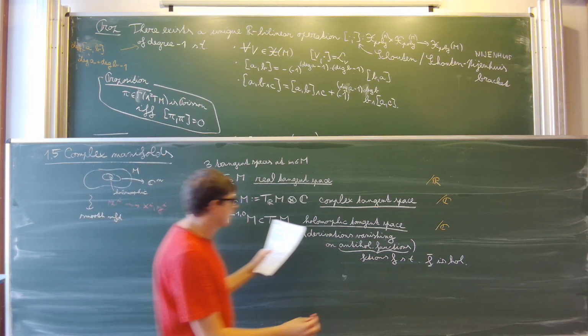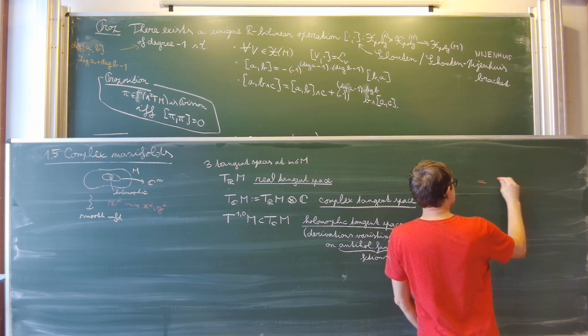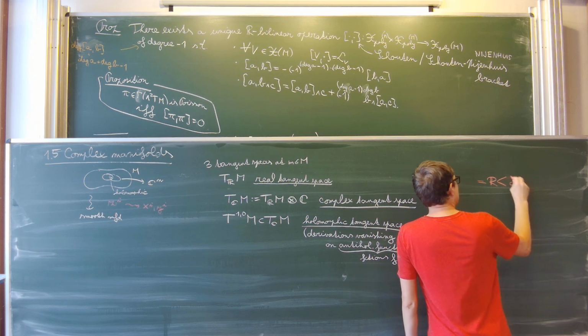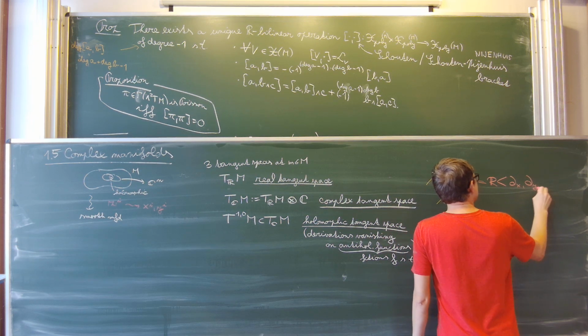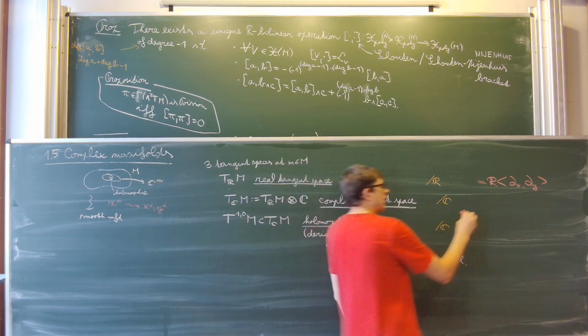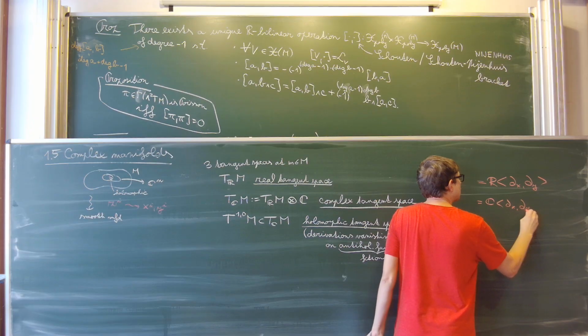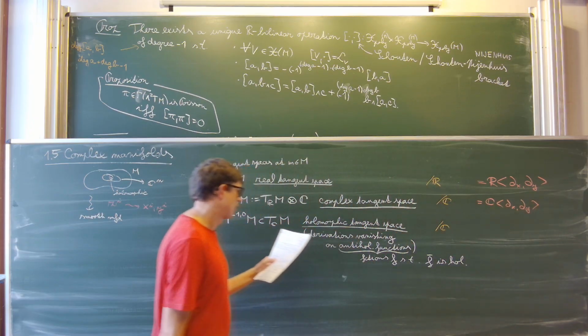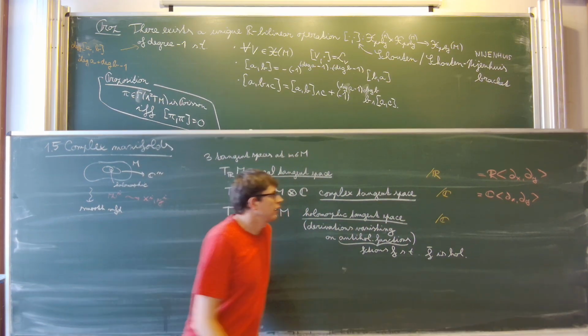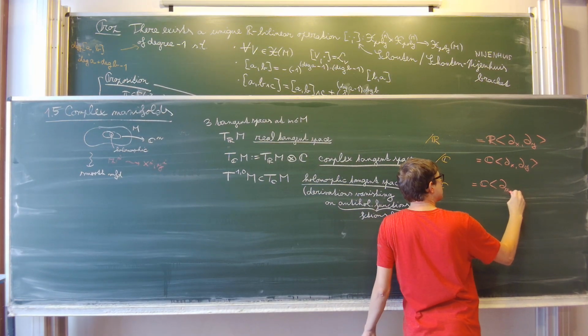Now, writing these in coordinates, the first guy is simply the span of partial x and partial y. The second guy is the C-linear span of such things. And the third guy is the C-linear span of something that I will call partial z.